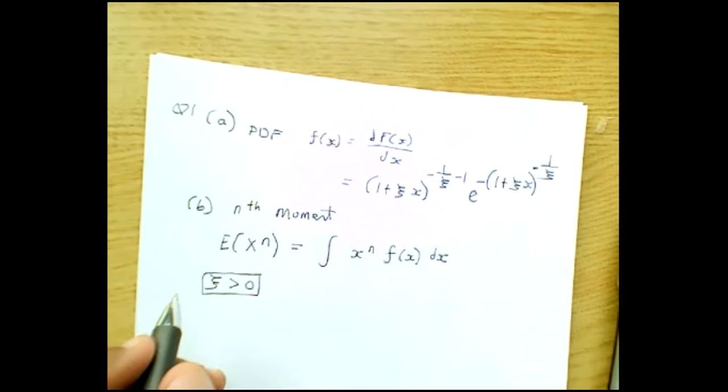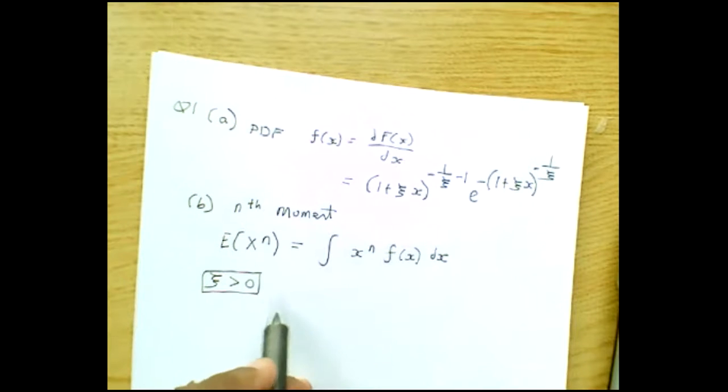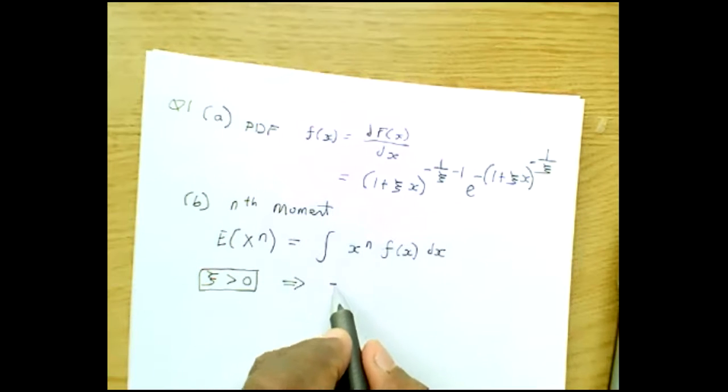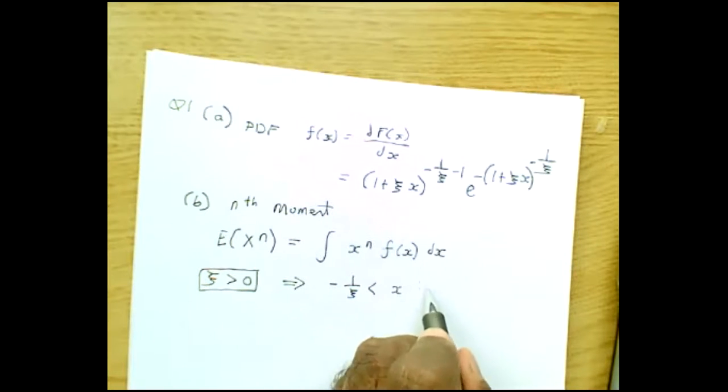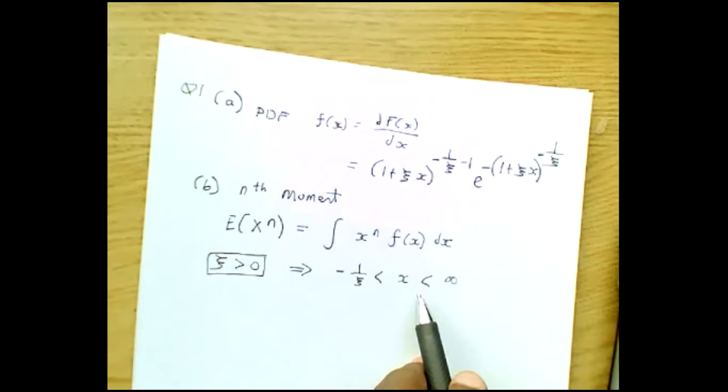In this case, the range of possible values for x are from -1 over psi to plus infinity. I think you should look back in the notes for when I talked about the generalized extreme value distribution.